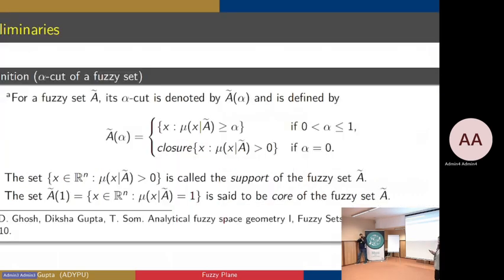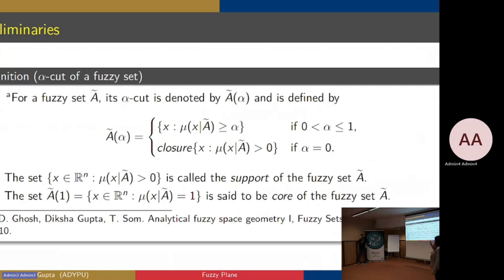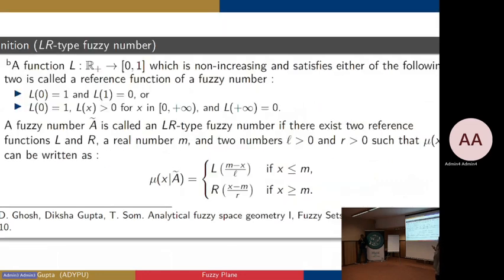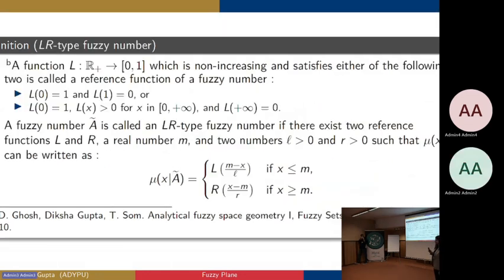So these are some preliminaries. This is the definition of the alpha cut of a fuzzy set. For a fuzzy set, its alpha cut is denoted by this expression, and t tilde 1 is the core of the fuzzy set. And this is the definition of an LR type fuzzy number.